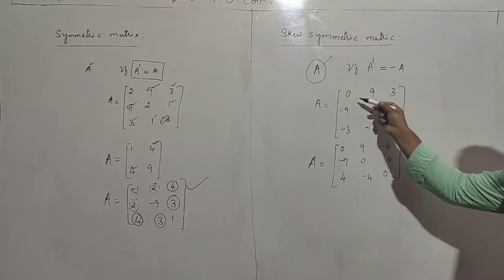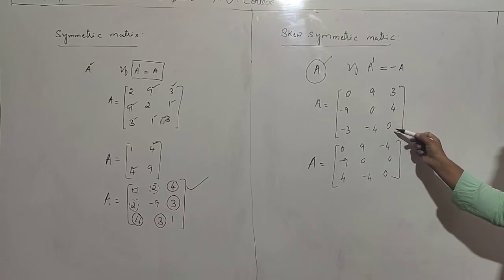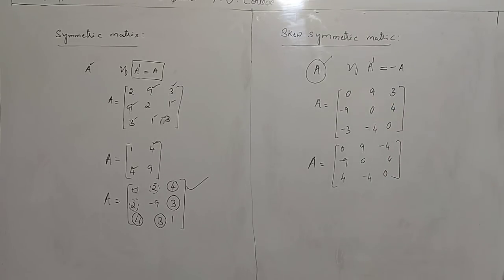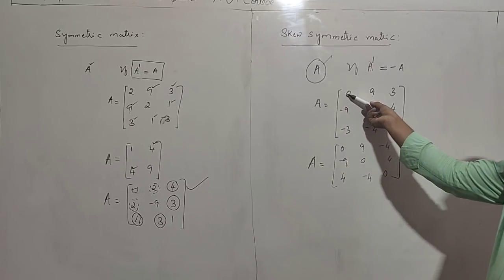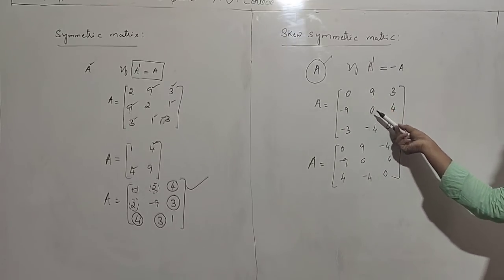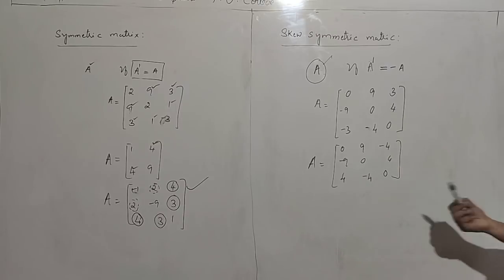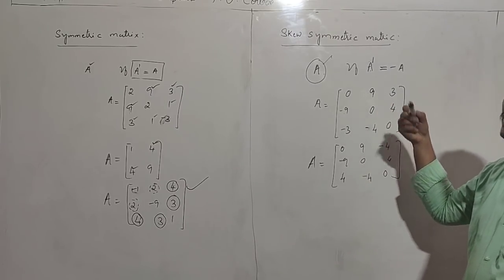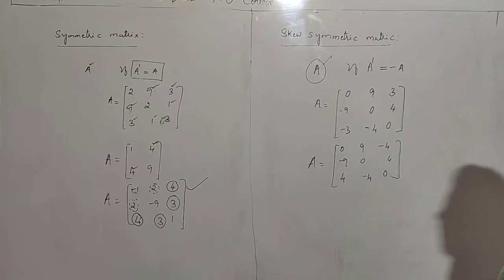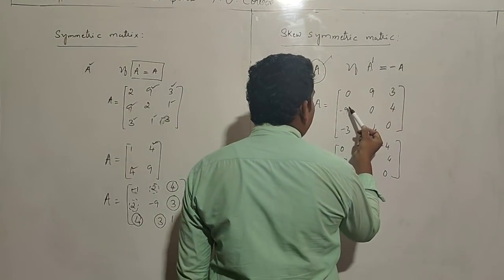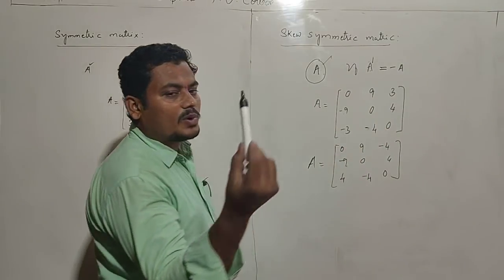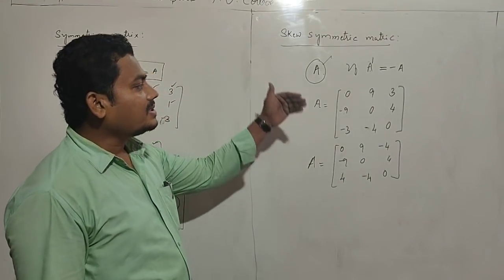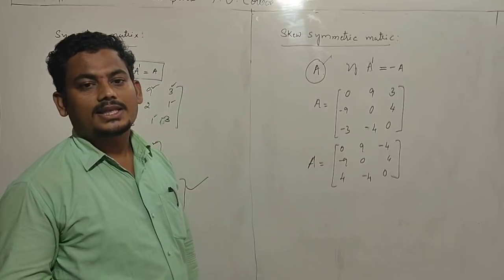In a skew symmetric matrix, all diagonal elements are equal to 0. Corresponding non-diagonal elements are equal with opposite sign. Then we can say that the given matrix is skew symmetric.